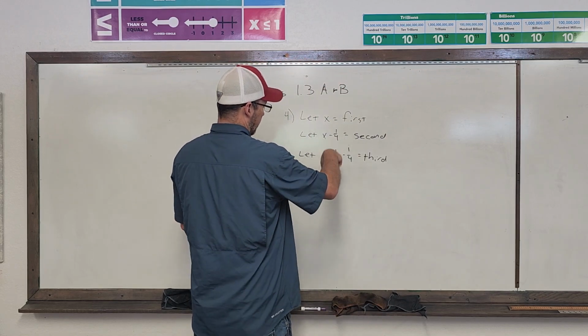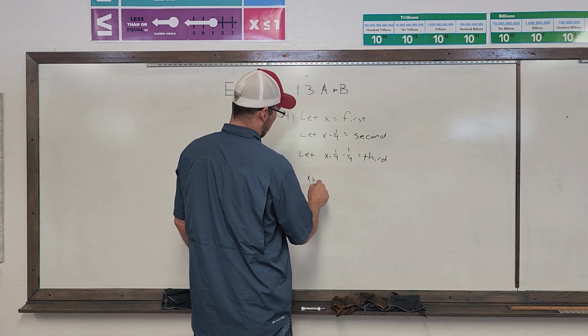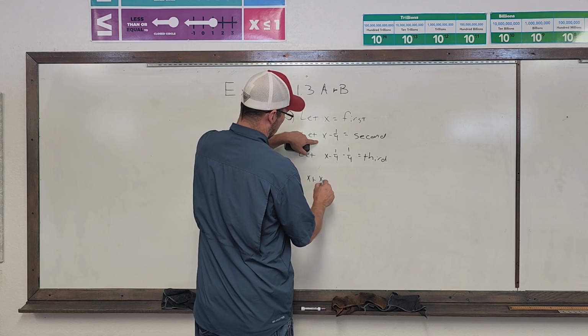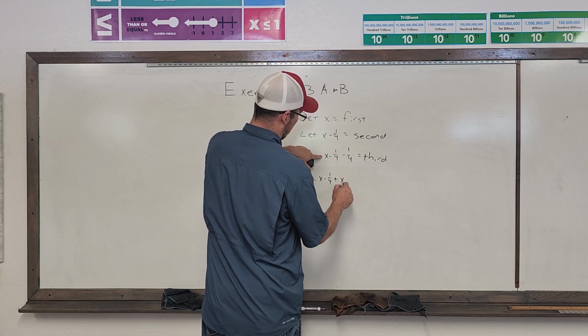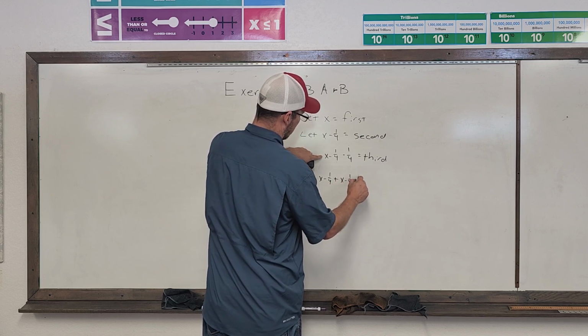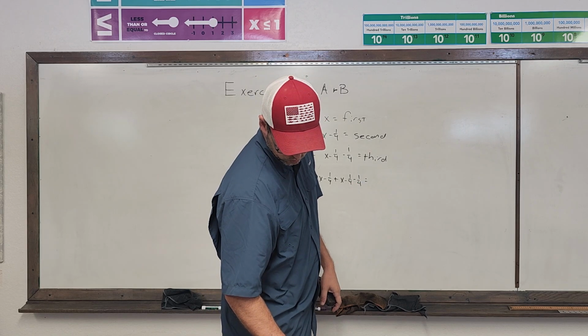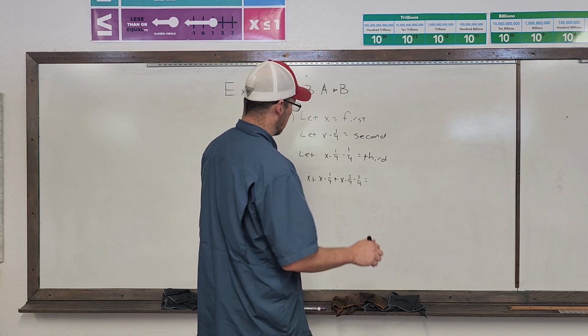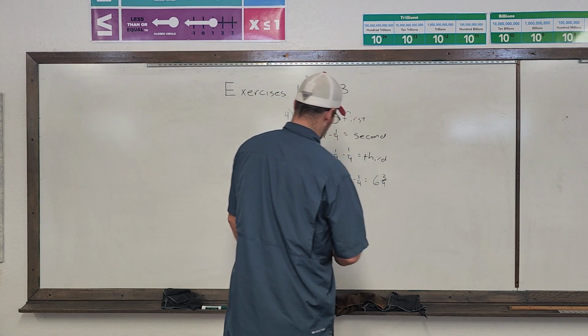So I'm going to add these 3 things together. I've got x plus x minus a quarter plus x minus a quarter equals 6 3/4 inches.